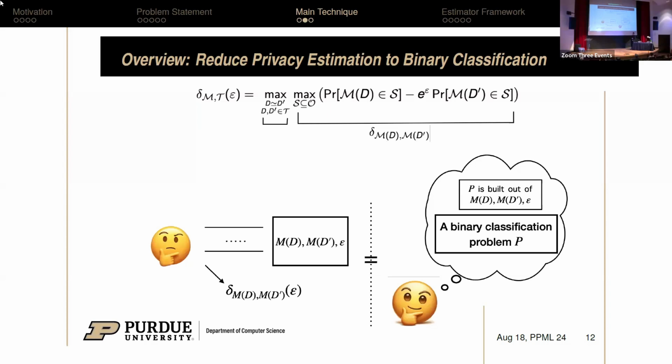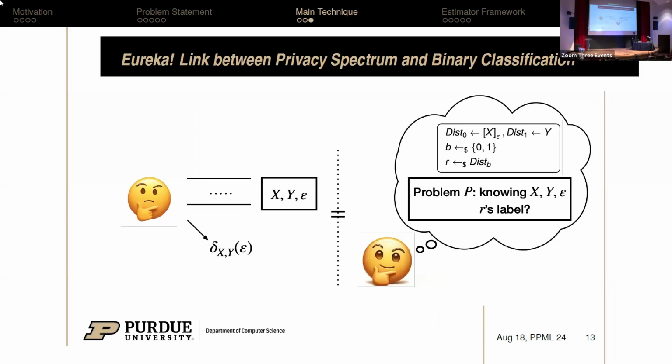Our main observation is that if there's an algorithm that can exactly compute the indistinguishability spectrum, it's the best classifier that can solve the specific binary classification problem P. Of course, this P is built out of the pair of distributions we are interested in. So our Eureka moment is to characterize such a link.